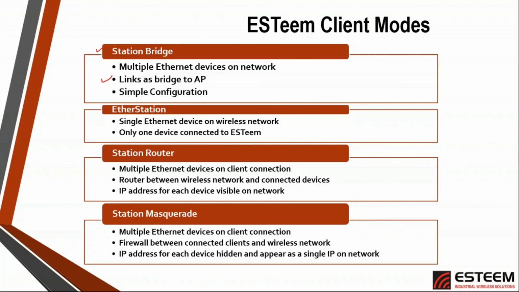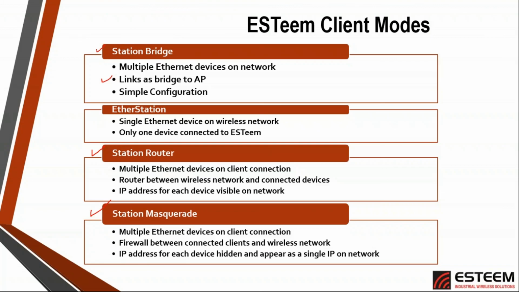As a subset of what we have available on the station bridge, you can also imagine we may have a need for the radio acting as a router or a firewall. The only difference is it happens on the client side now. So you could have all of these devices, the camera, the PLC, the terminal. They may all want to be able to talk to each other and share information, but they may not want all that information put out onto the wireless world.